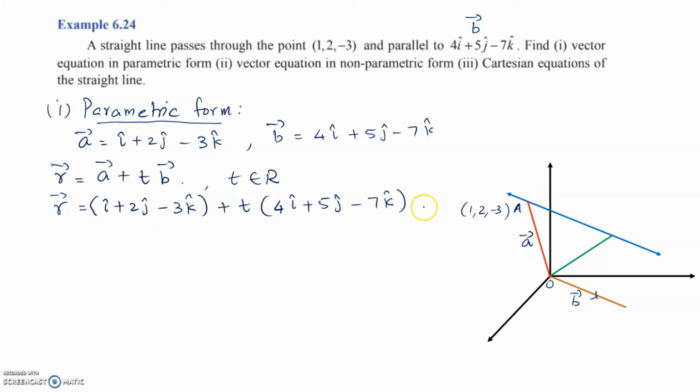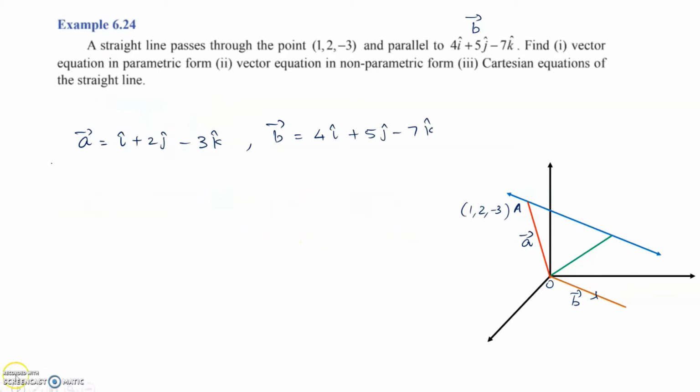So that's our equation, and don't forget t belongs to R. So that's the parametric form. Our second method is the non-parametric form.